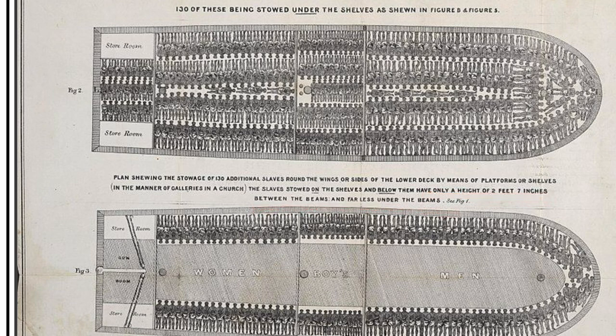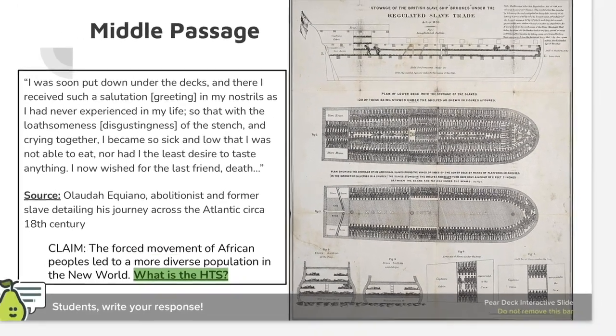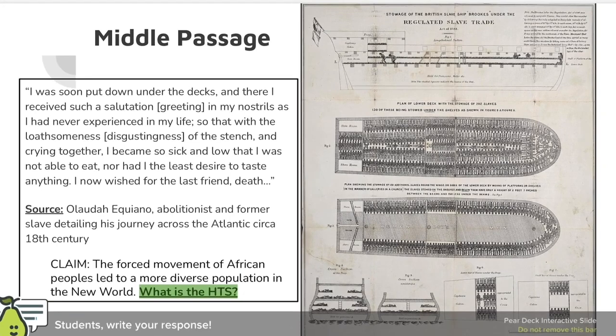And so we're going to see that this is showcasing the inhumane conditions of the asiento, or even here at the bottom of this source, it shows how people were stacked literally end to end and on top of one another in platforms in order to maximize the number of people that were forced over the Atlantic Ocean into the New World, which we know this was started by the Portuguese because it's the asiento. So Europeans taking the African population to the New World in very inhumane conditions.